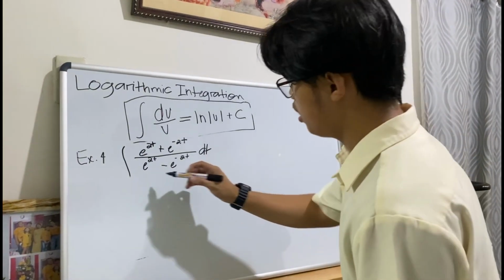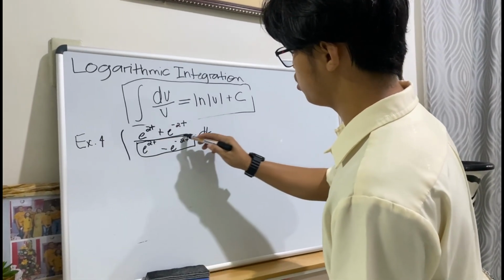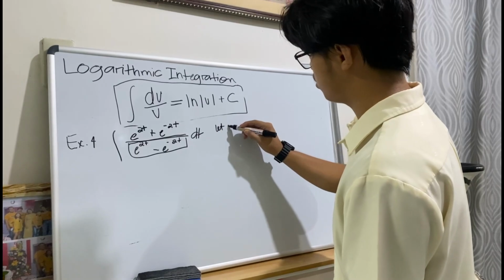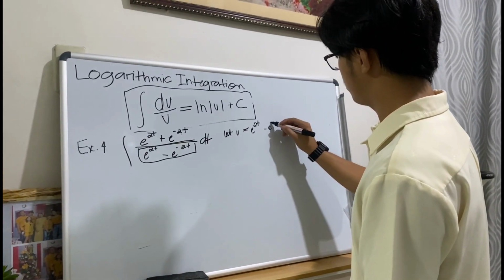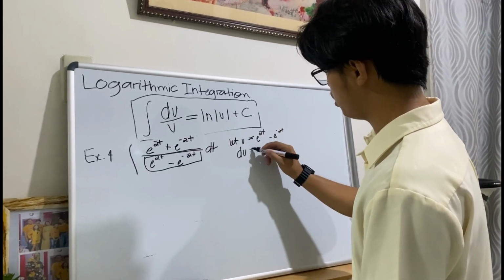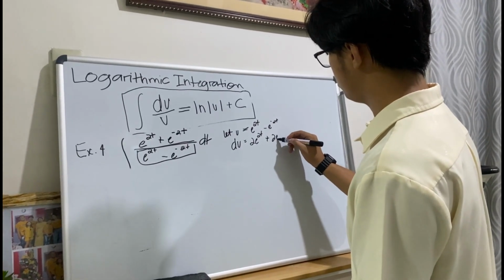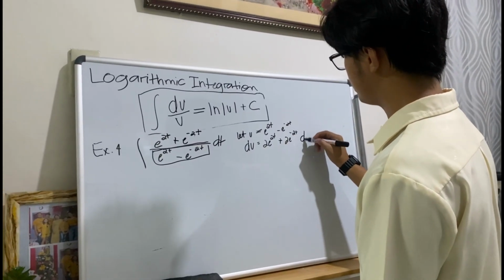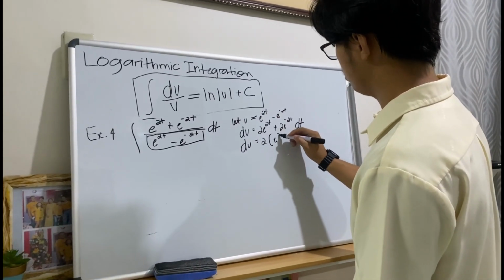So let's use this as our u. So if we derive this, we will get 2 dt. So let's get 2 out.